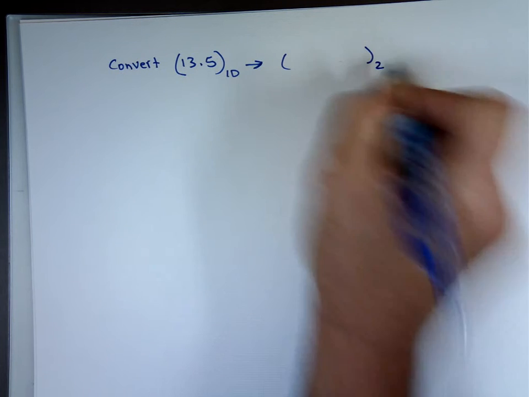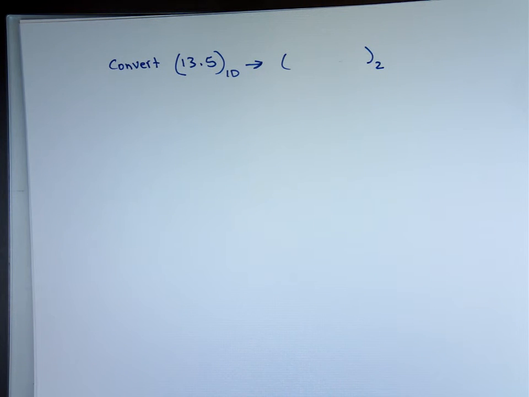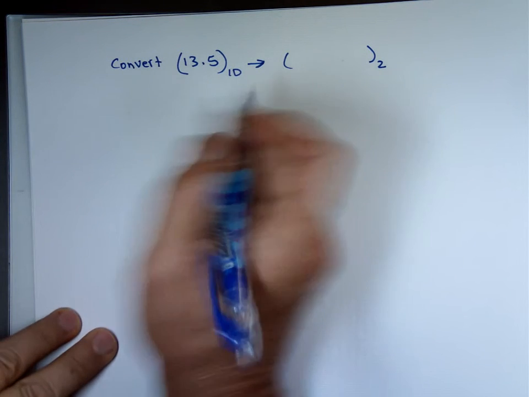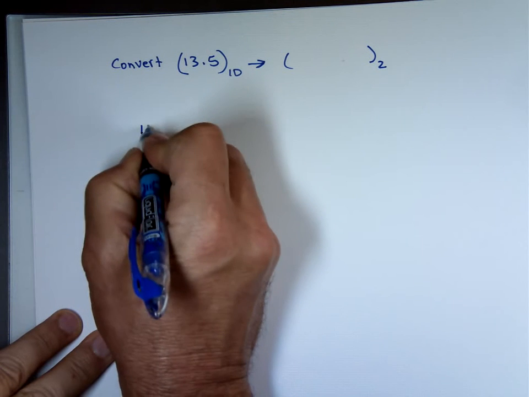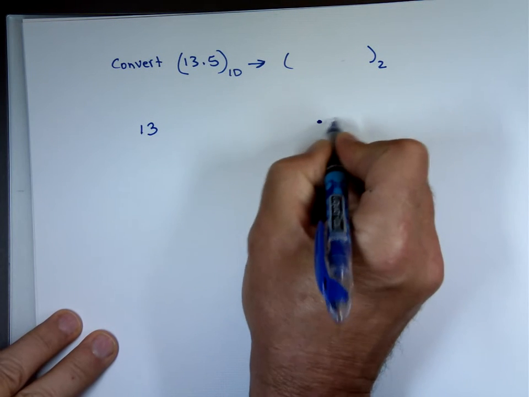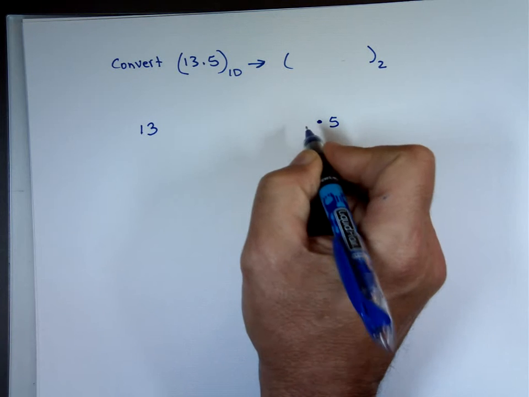Do the reverse. So the way we're going to do this, we're going to break it down to two problems. There's the 13 and there's the 0.5.